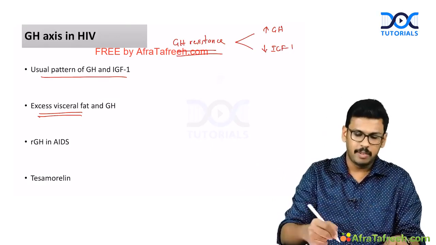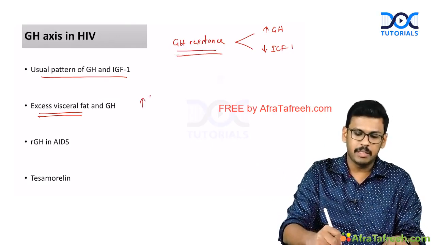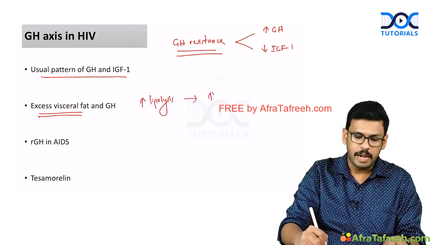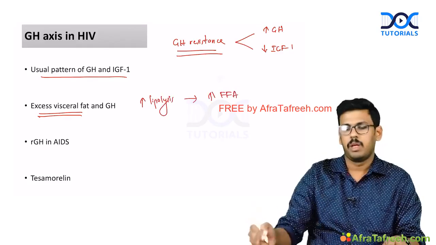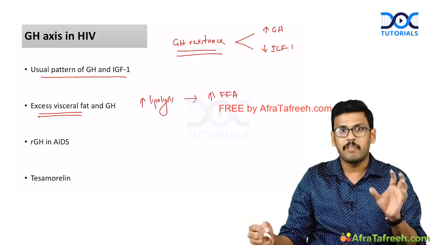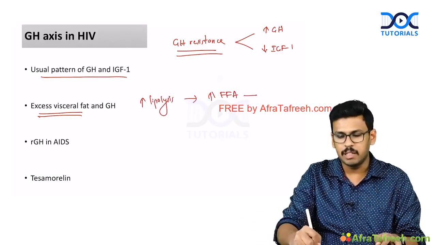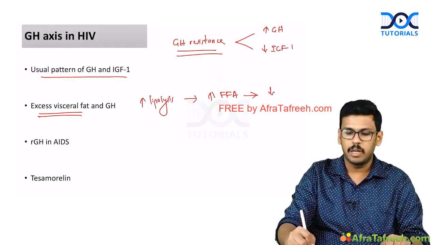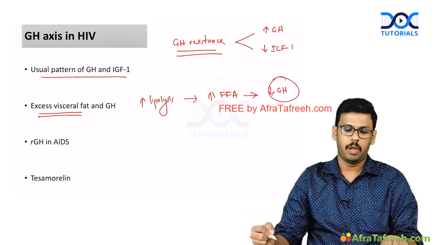Due to excessive visceral fat, there will be increased lipolysis. The lipolysis will increase, the free fatty acids would go up, and what happens when there is an increased level of free fatty acids? We have seen that fatty acids can reduce growth hormone release. So it will result in decreased growth hormone.